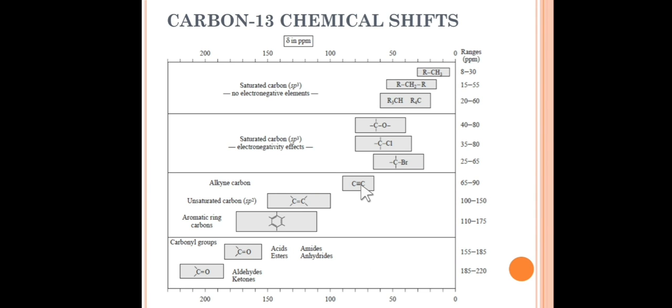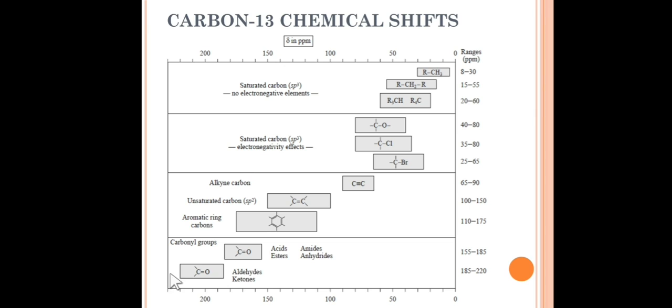In between, the carbon-carbon triple bond comes around 80 to 90 ppm. The carbon-carbon double bond, from olefins as well as from the benzene ring, comes around 100 to 150 ppm.